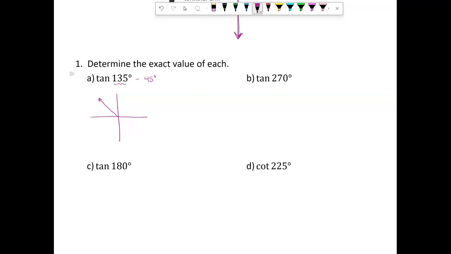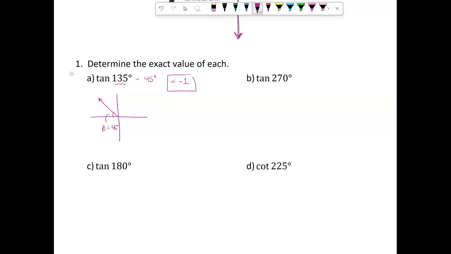If we look at the relative acute angle here, beta is equal to 45 degrees, so the slope would be 1, but negative 1, sorry, because we're going from left to right downwards.